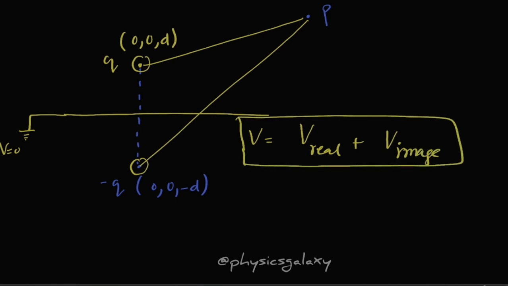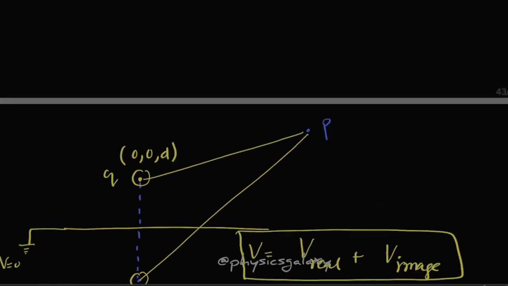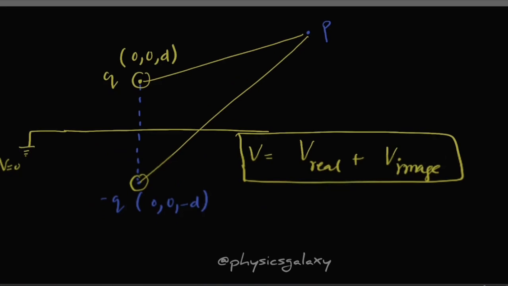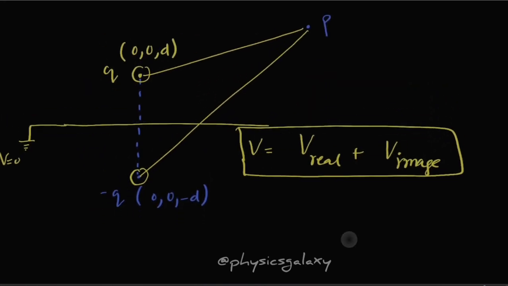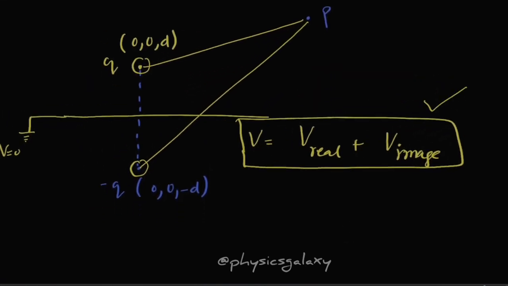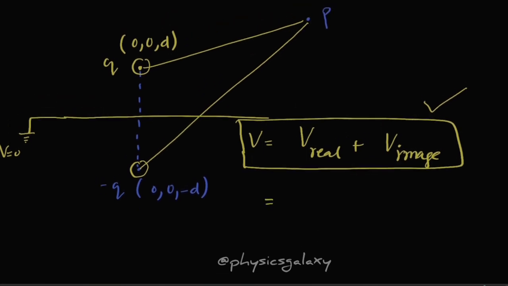But we have to check whether this combination satisfies the boundary condition. Yes, we have checked it, it does. Now let's write the solution in full form, because this comes in many competitive exams. V real equals 1 by 4 pi epsilon naught times q divided by the distance.